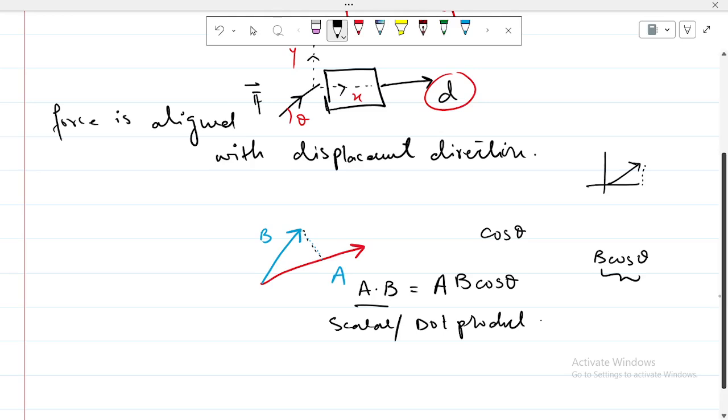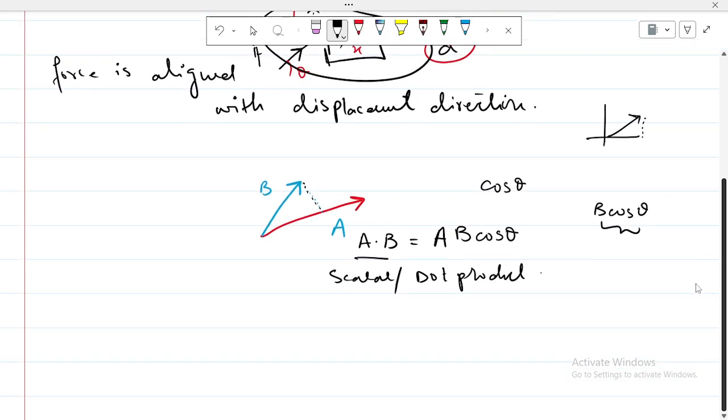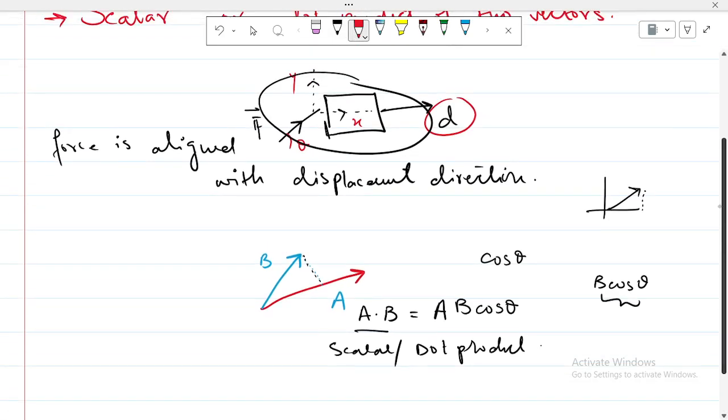Using the same definition, we can now see this example where we talked about how much of the force is aligned with the direction of the displacement. This force has some angle theta, and it has two components.